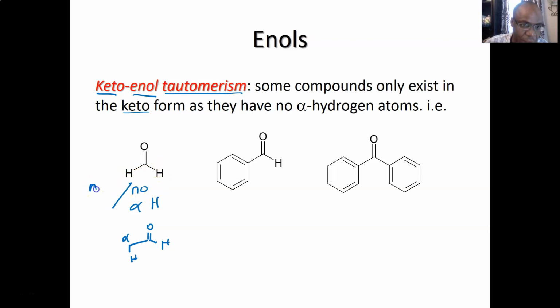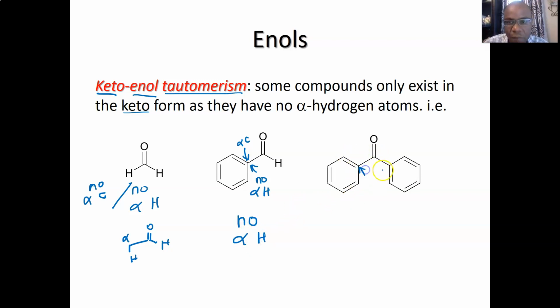No alpha hydrogen, no alpha carbon. This one has an alpha carbon, alright? That's the alpha carbon. But see, that carbon has 4 bonds already. So there's no implied hydrogen, so there's no alpha hydrogen. So of course this side there's no alpha carbon. So this molecule has no alpha hydrogens.